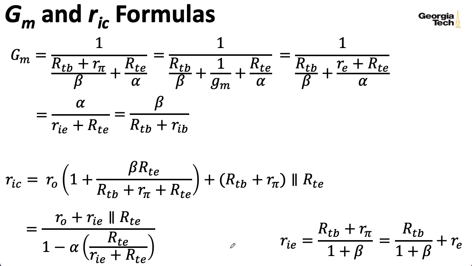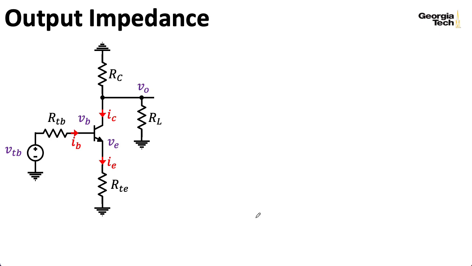It's just algebra. So what about the output impedance of the common emitter configuration? I'm going to compute the resistance seen looking into this junction of the collector of the BJT and this collector resistor. Notice that I'm not including the external load here. I'm trying to isolate the effect of the amplifier itself.